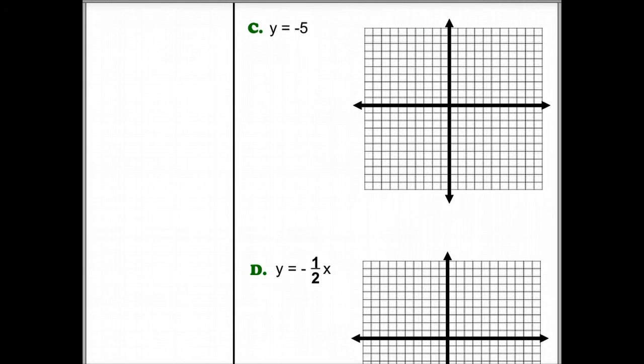So the next thing we do, we have the line written as y equals something, so that's great. And I want us to be reminded that it's y equals mx plus b. And so let's identify our pieces. We know that b is -5.